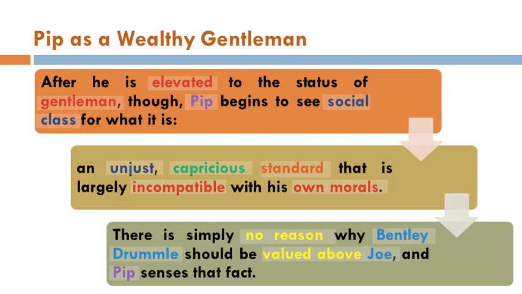So after being a gentleman, Pip becomes aware that social class is actually an unjust and capricious standard that is incompatible with his own morals.